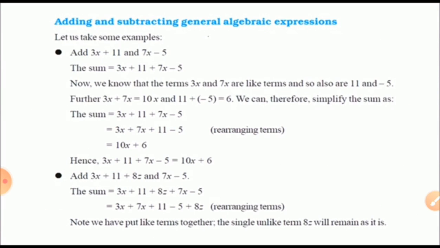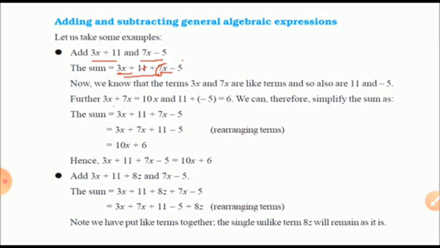When 5 is added to x, we write the result as x plus 5. Observe other terms like that also. Adding and subtracting general algebraic expressions. My dear student, here add 3x plus 11 and 7x minus 5. First of all, we can check the sum: 3x plus 11 plus 7x minus 5. Now, we know that the terms 3x and 7x are like terms, and so also are 11 and minus 5.